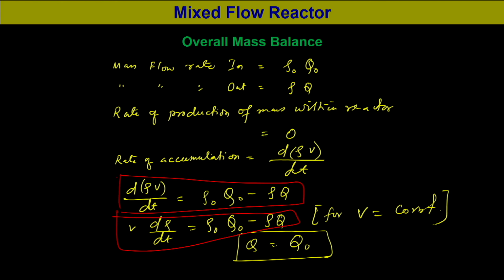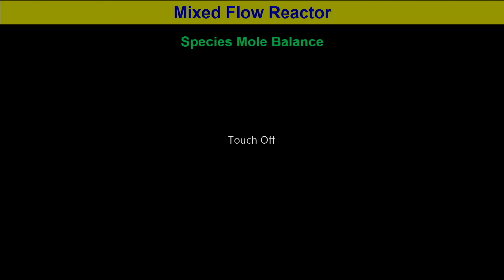Now, if we consider the species mole balance, for a particular species K, we can write the flow rate of species K into the reactor is equal to Q naught C K naught.